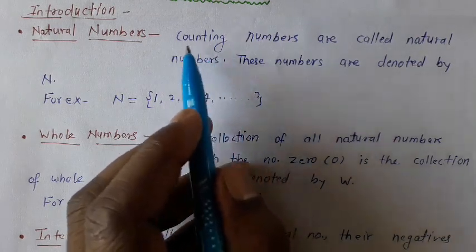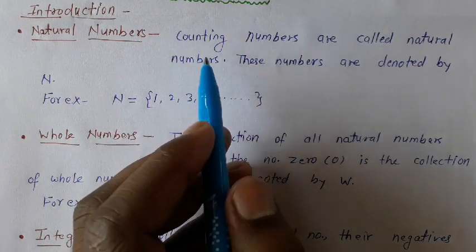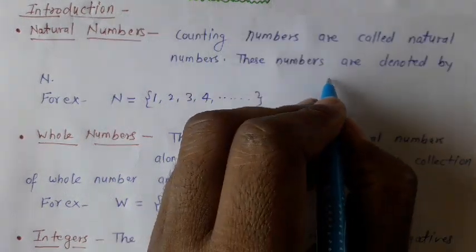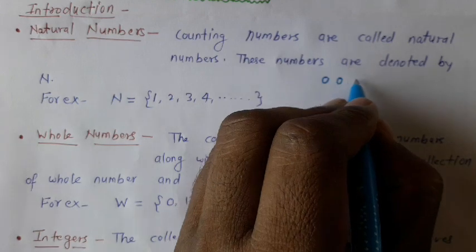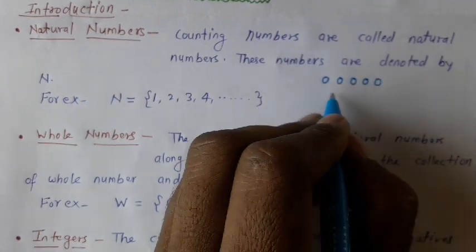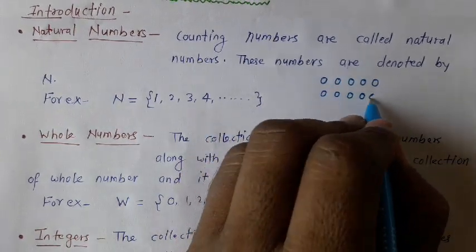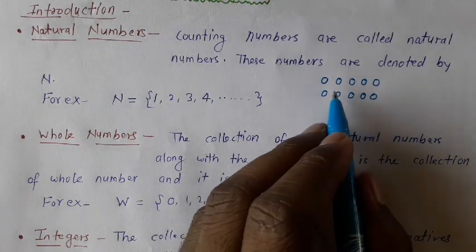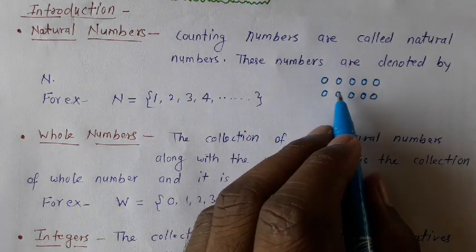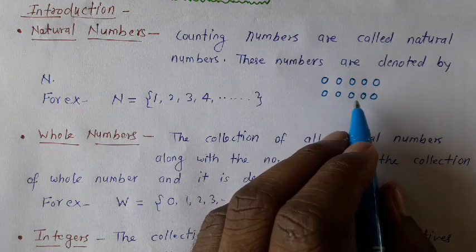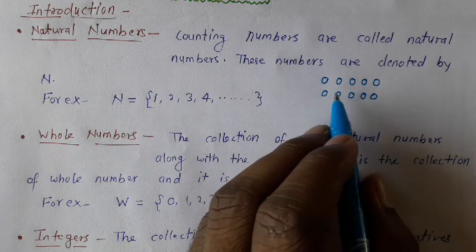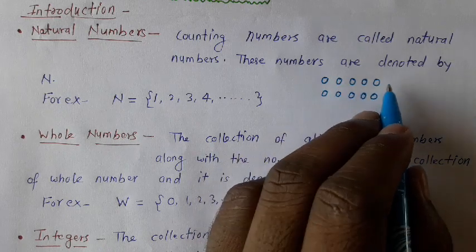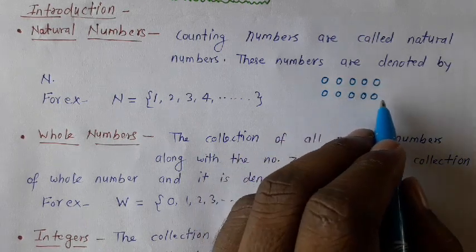Here the word counting means, suppose I draw some circles here. When I ask you to count and tell me how many circles are here, you start from 1, 2, 3, 4, 5, 6, 7, 8, 9, 10.